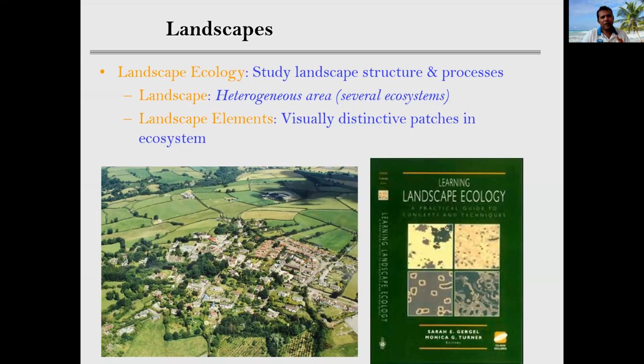Sometimes landscape ecology is a bit of a complicated thing, because unlike a biome, the landscape depends on what you are looking at. There's no particular definition for a landscape as well. So because of that, I'm not going to actually talk about the landscape in detail.